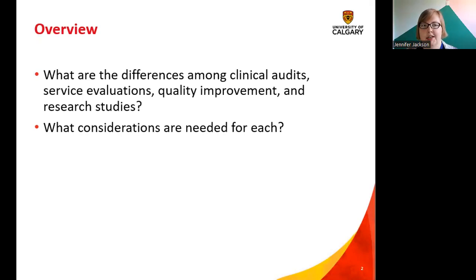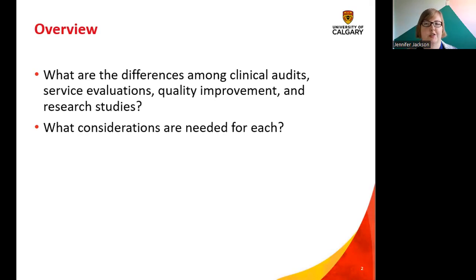Also, it's important that you determine what you're doing based on the goal of the project, not on the tools you use. So, for example, any one of these techniques to improve healthcare could all use a survey. Now, the type of surveys would be different.